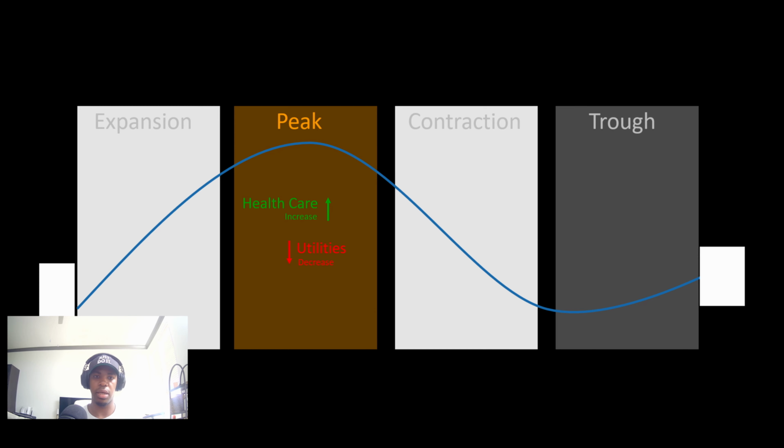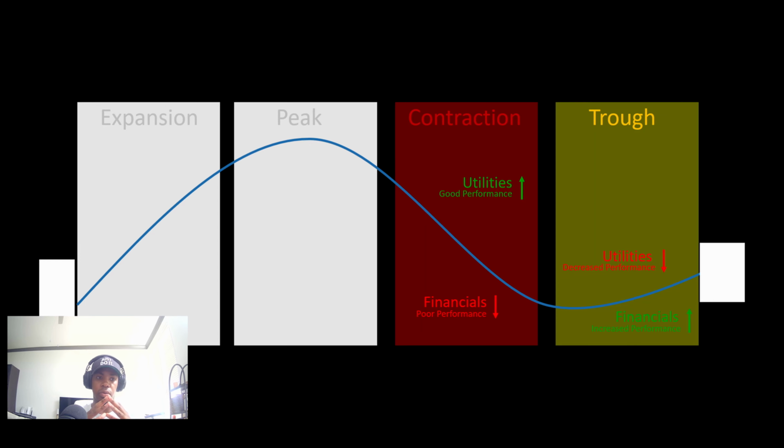All right. So another method of comparing sectors is by using the economic phases as a guide and looking at the upcoming phase to find weaknesses. So historically, utilities have outperformed the financial sector during a contraction phase and vice versa during a trough phase, right?